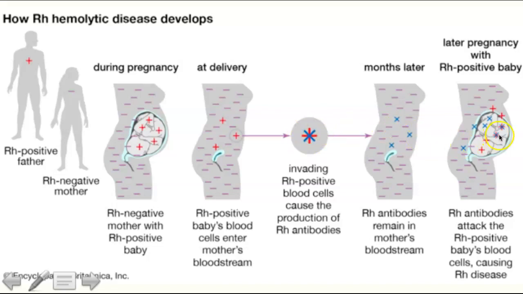Then let's say she gets pregnant again with another Rh positive baby. This is when you might see that problem because now she has those antibodies, and those antibodies in her plasma can pass into the baby. So those antibodies are going to start attacking the baby's blood.